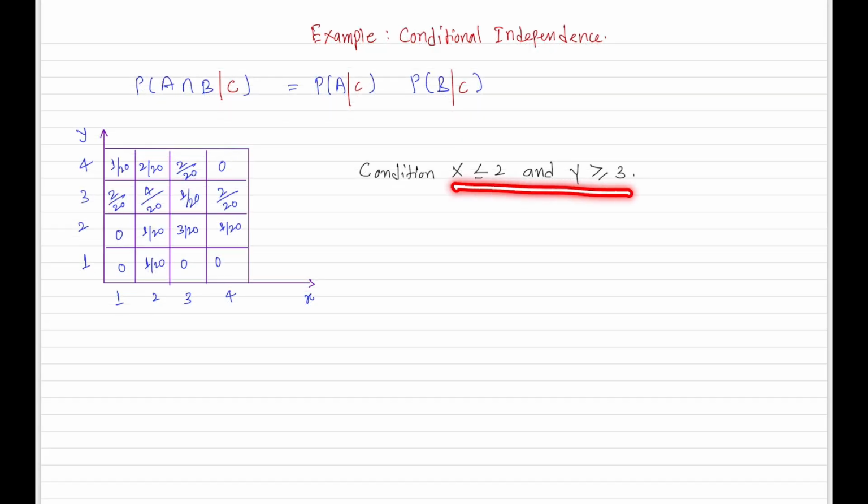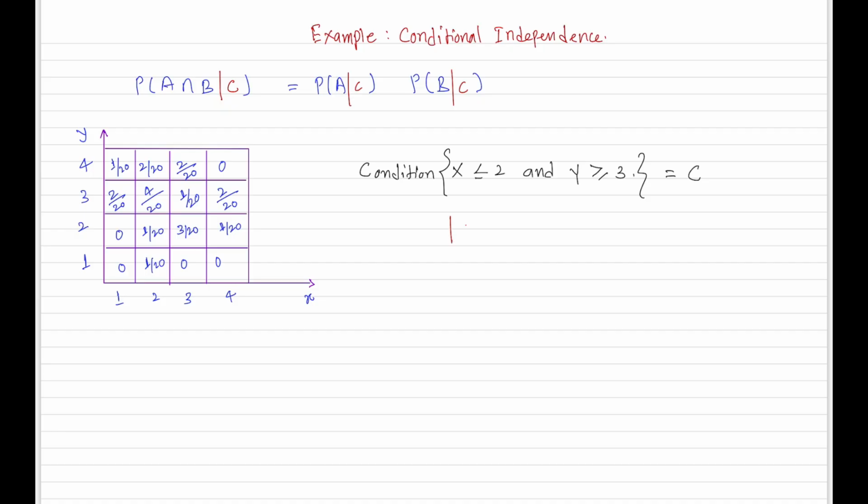Let's call this event, where random variable x takes the value less than 2 and random variable y takes the value greater than 3, event C. What we want to check is the independence of the random variables x and y under the condition C. We can make use of the definition of independence.